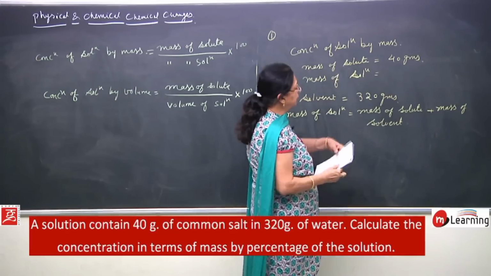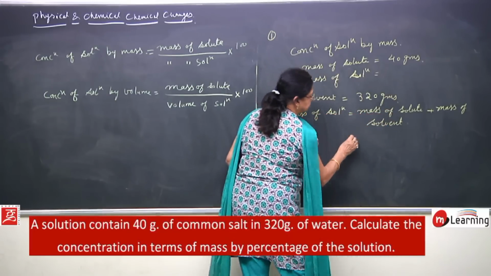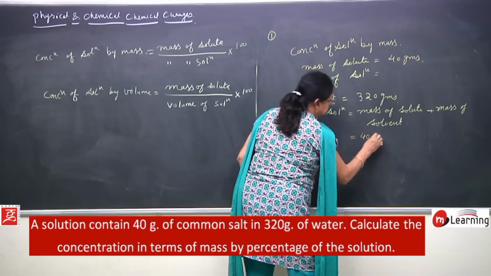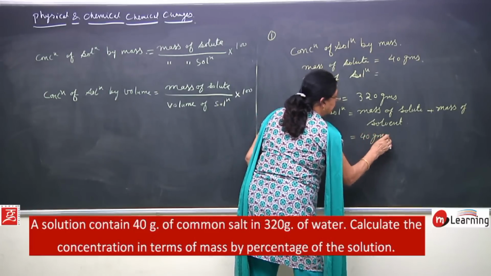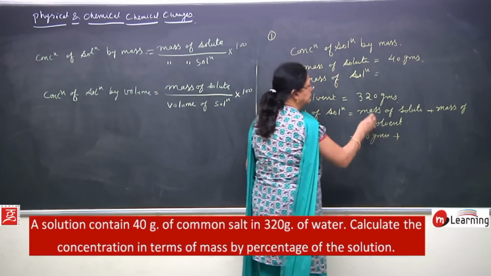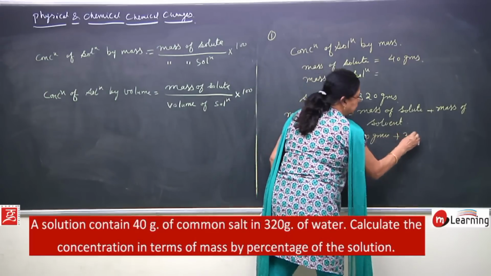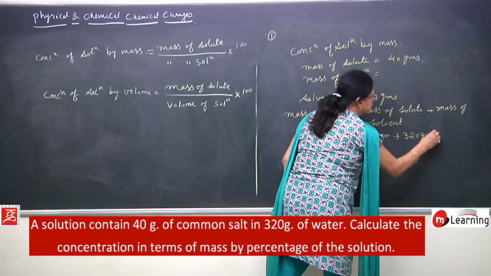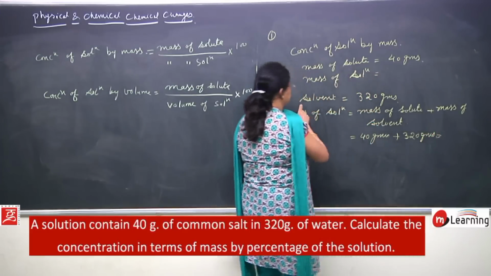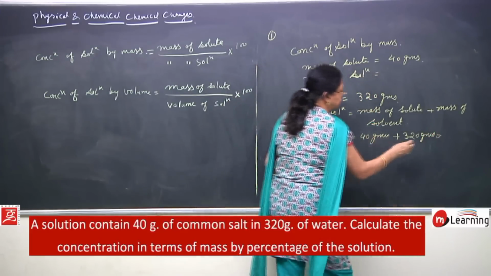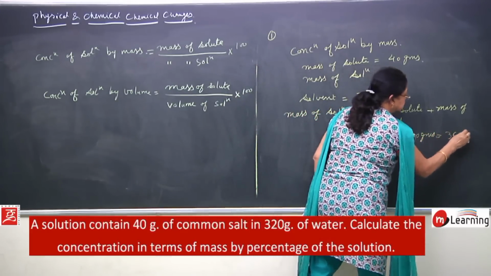What is the mass of solute here? 40 grams. And what is the mass of solvent here? 320 grams. So, mass of solution will be 360 grams.